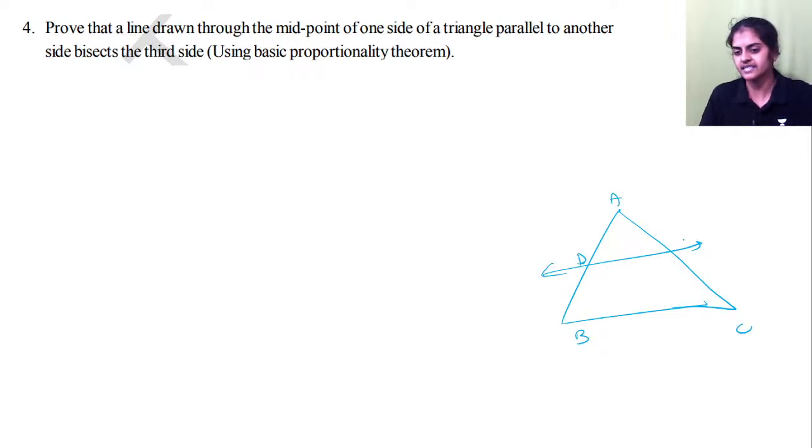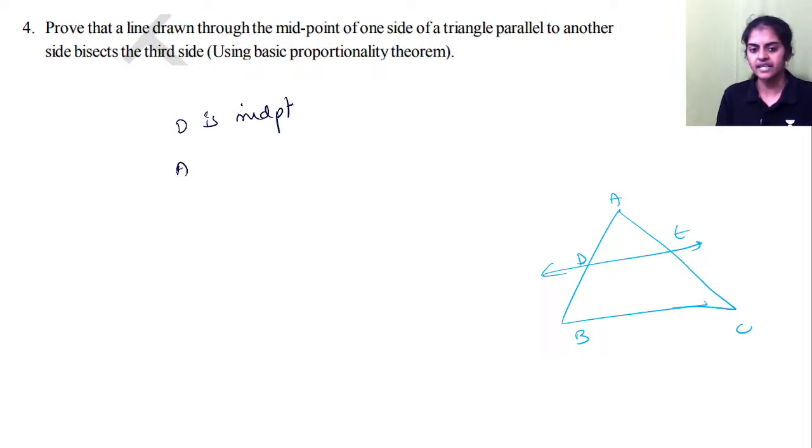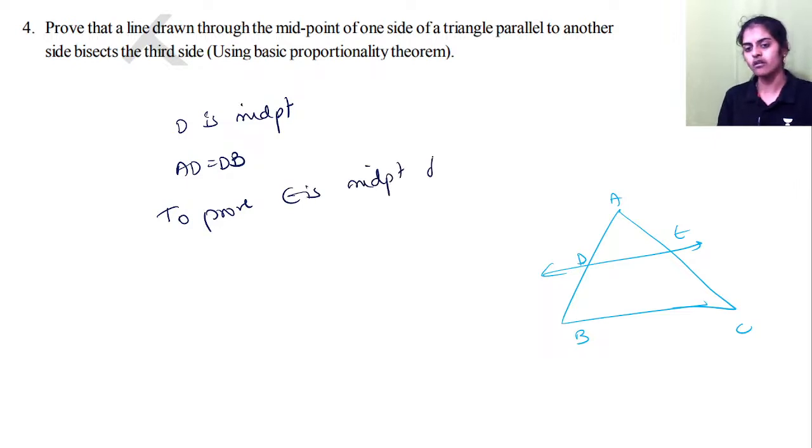Let D be the midpoint of one side, so AD equals DB. I need to prove E is the midpoint of AC. It is given DE is parallel to BC.